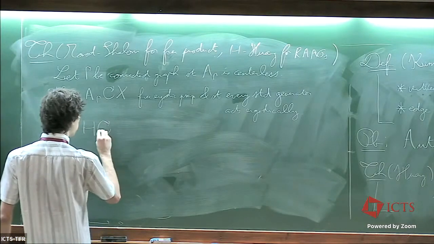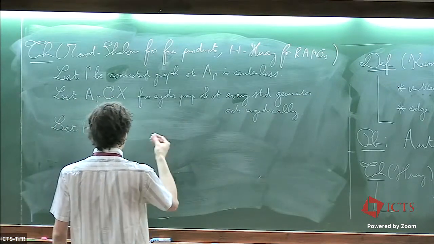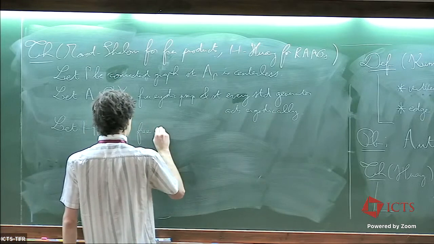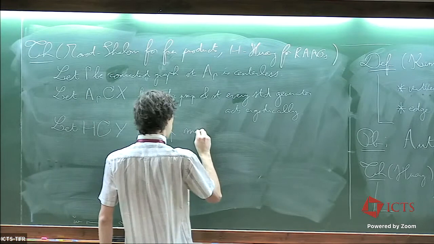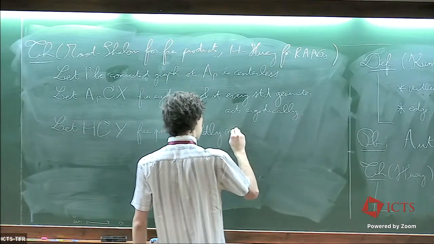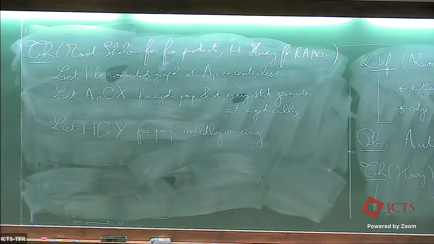So if you have a group H acting on Y, free PMP, you need something more than ergodic. You need something that is called mildly mixing, which lies somewhere between weakly mixing and mixing.